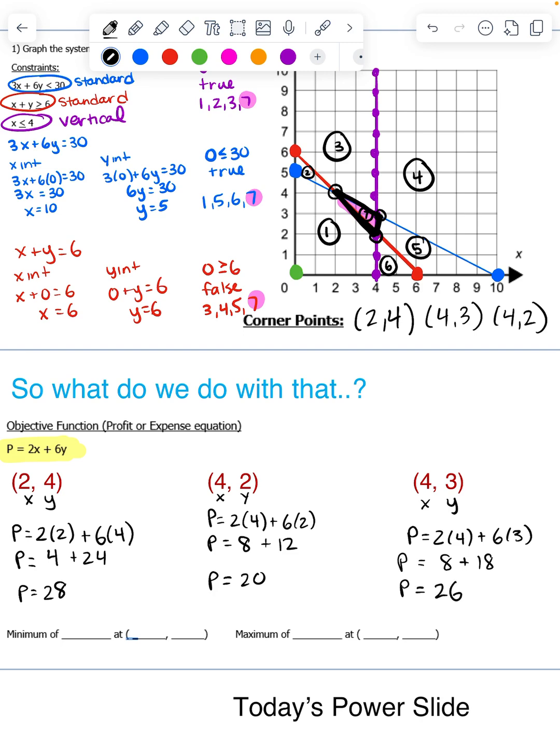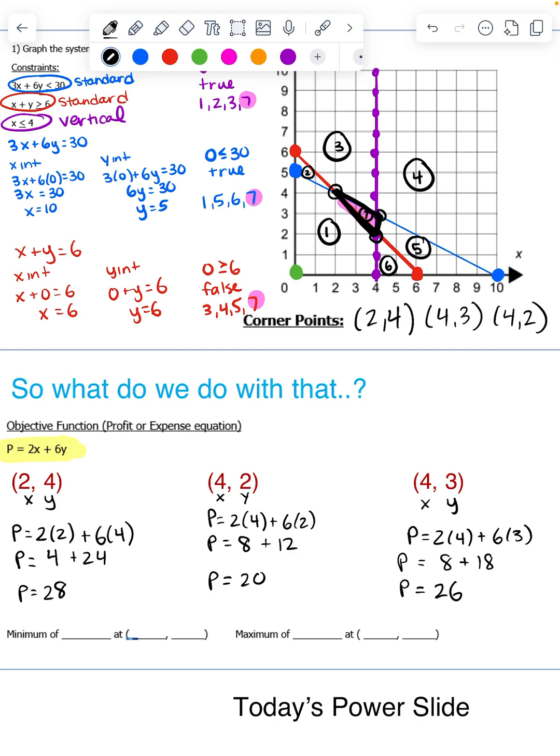So what does that mean? Think about the example we did yesterday with plain pizzas and pepperoni pizzas, right? The shaded region is the constraints that the company has. So they only have so much pepperoni to work with. They want to make so much money. They only have so many workers. The pink is what they can do. The corner points are the best possible things they can do. So 2, 4 would mean 2 plain, 4 pepperoni. 4, 2 would be 4 plain, 2 pepperoni. 4, 3 would be 4 plain, 3 pepperoni, right?